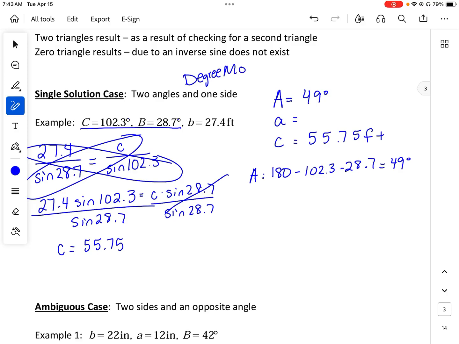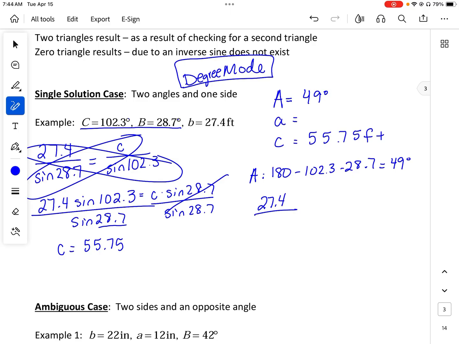Also just remember that we're in degree mode because we have the degrees. We need to be in degree mode when we're doing any kind of trig functions and you have a value right beside it, which is in degrees.